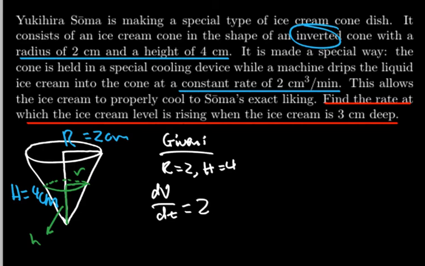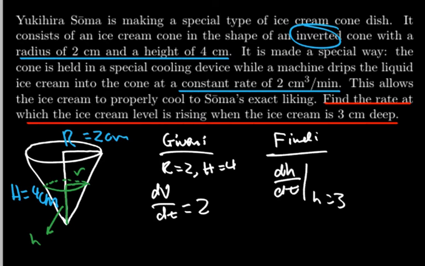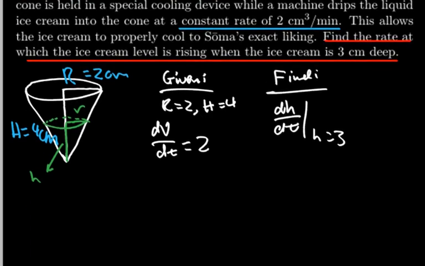I'm just going to leave the units off for space reasons. All right, so now we need to find something. What are we finding? The rate at which the ice cream level is rising. What represents ice cream level? h. So dh/dt when h equals 3.